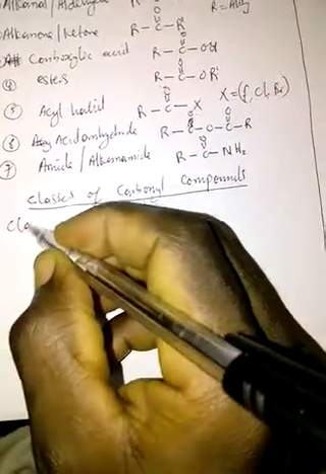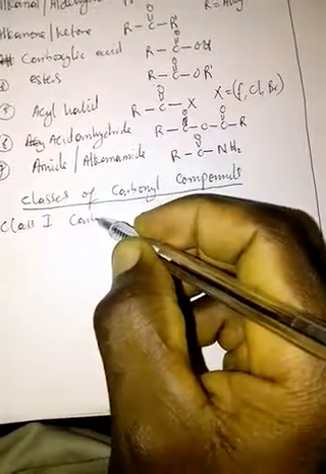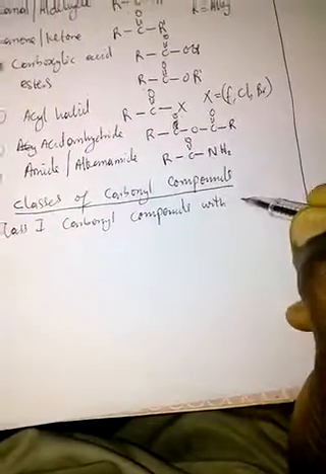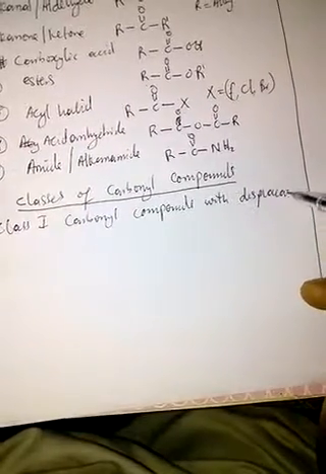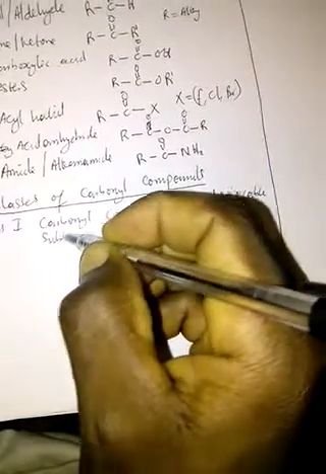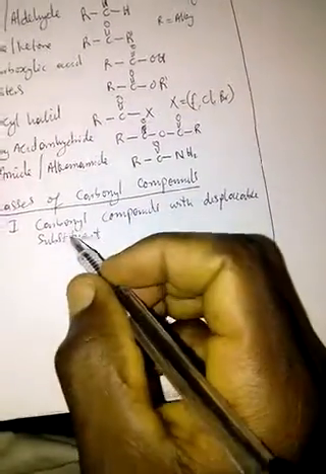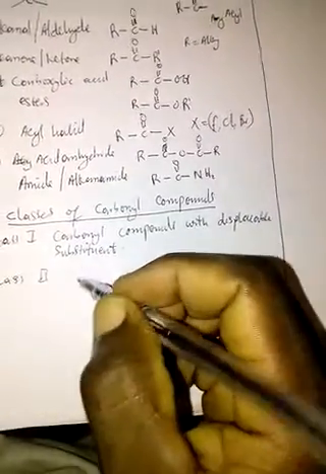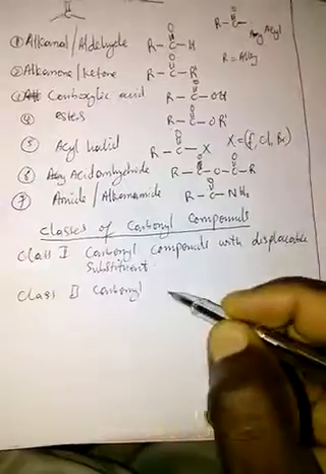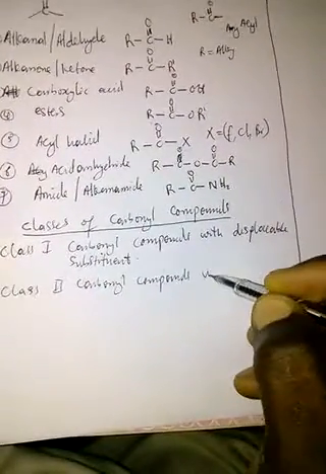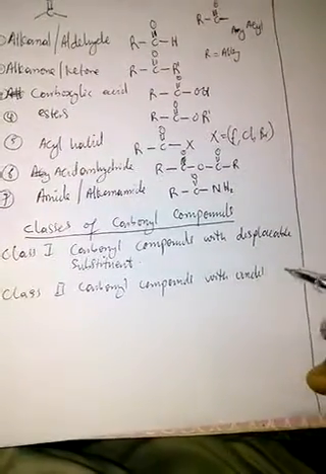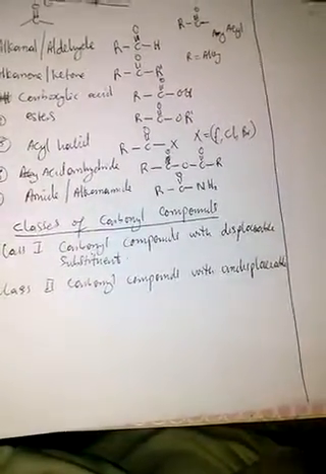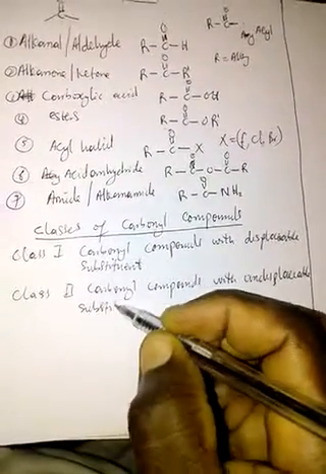Class 1, carbonyl compounds with displaceable substituent. You have class 2, carbonyl compounds with undisplaceable substituent.